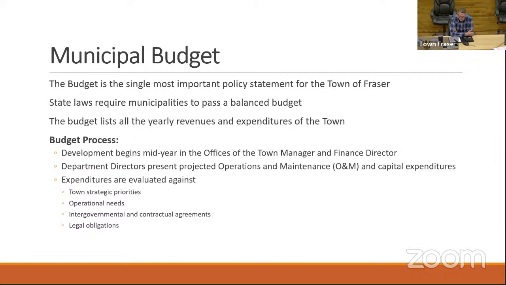We also consider those intergovernmental agreements and contractual agreements, like our shared service for the police, and the cost associated with the transit as well. And just to give you an example, the transit contract is being renewed this summer, and we are expecting to see approximately a 50% increase in our transit cost.